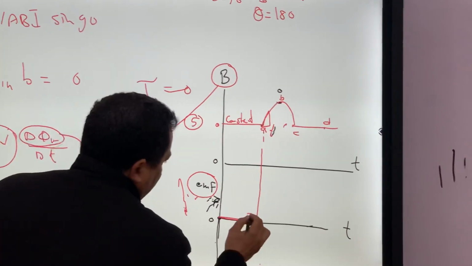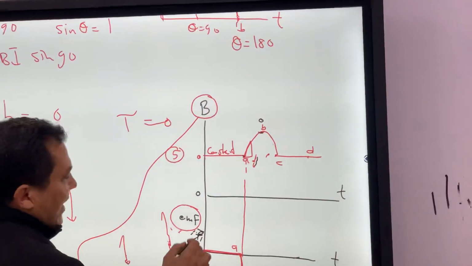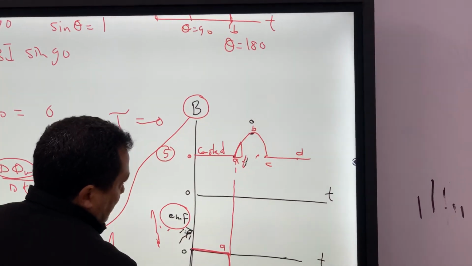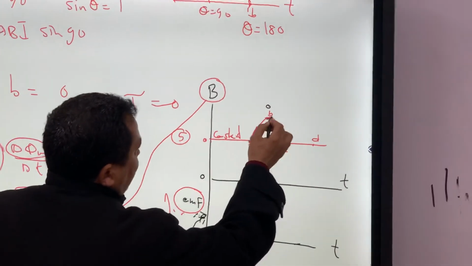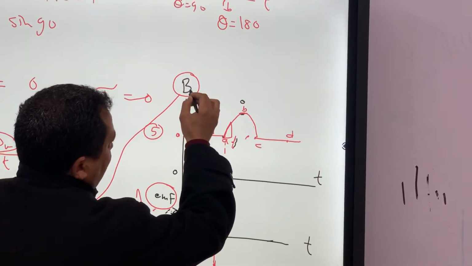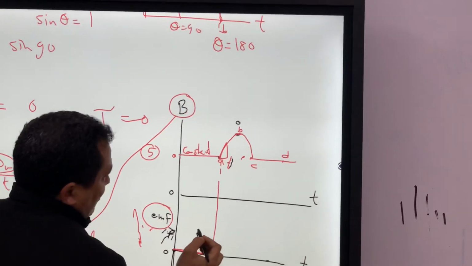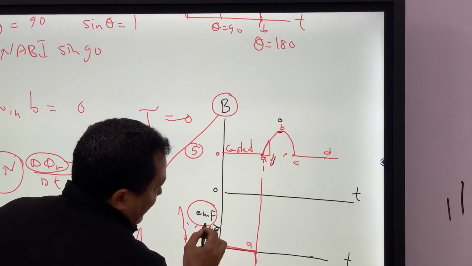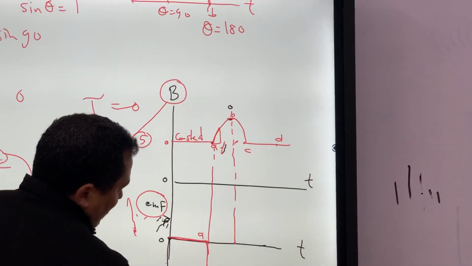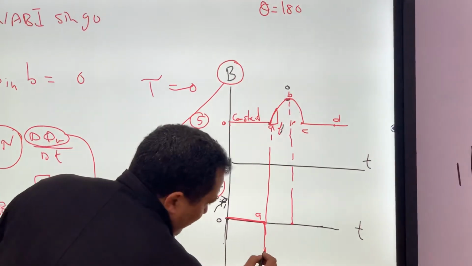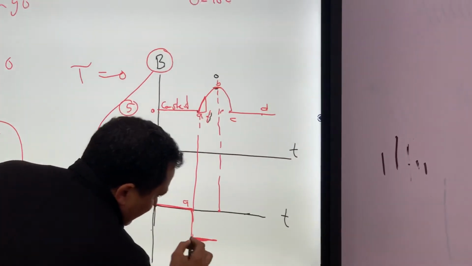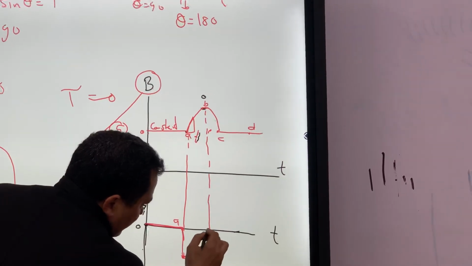This is OA. At point B, the slope here equals 0 because the rate of change of magnetic density equals 0. So electromotive force becomes 0 at point B. So from A to B, this value returns to 0.